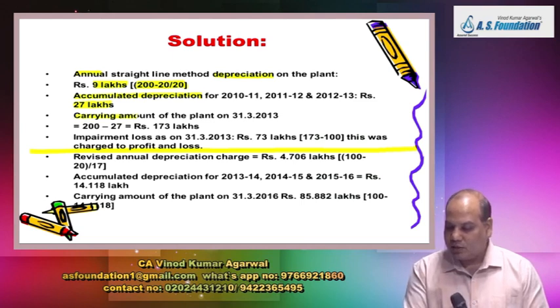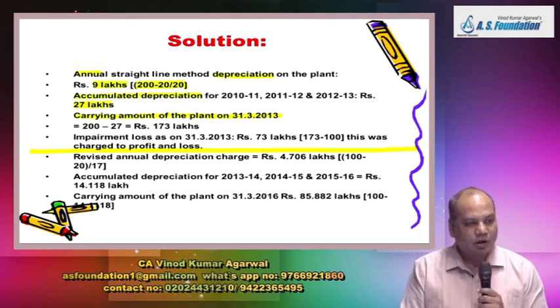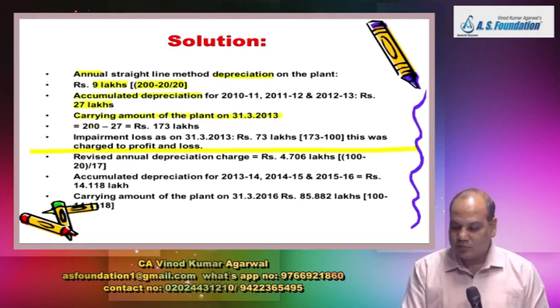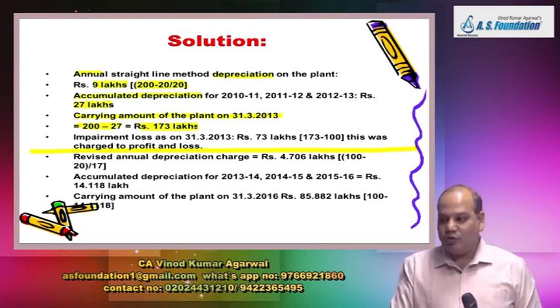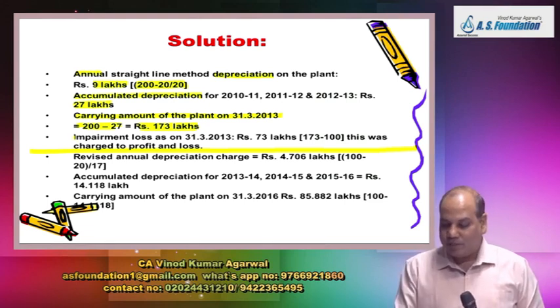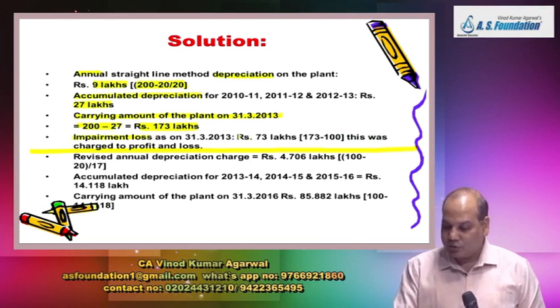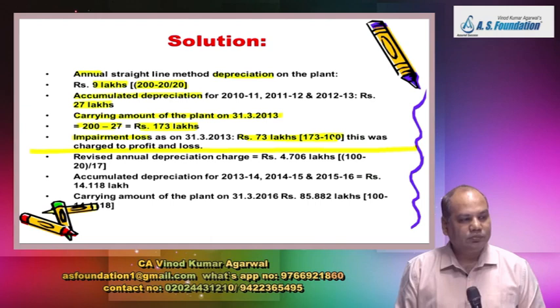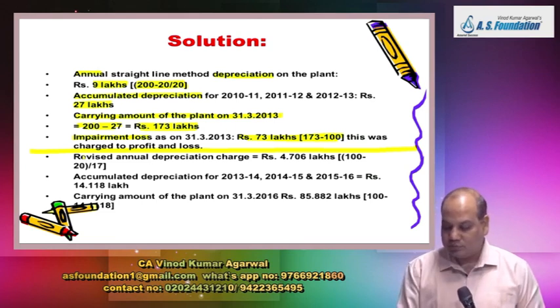Next line, carrying amount as on 31st March 13. 200 minus 27, write 173 lakhs. Use small font. Then write impairment loss is equal to 173 minus 100 equal to 73 lakh, in bracket charged to P&L account. Next line.